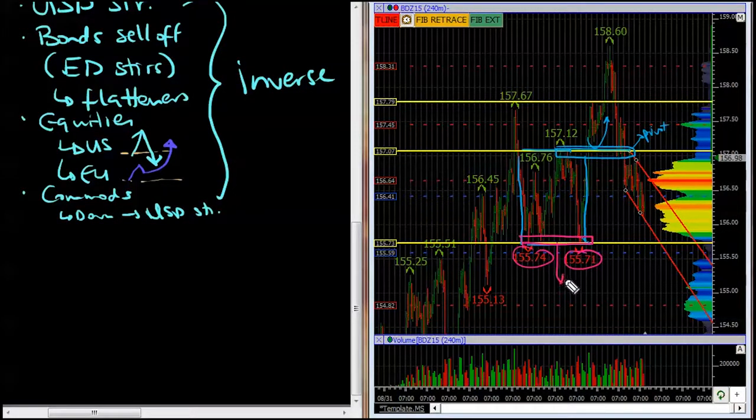What does that mean? That means there was a very big buyer there, and very likely below this key little double bottom area, there's probably, again, a nice little stop zone.